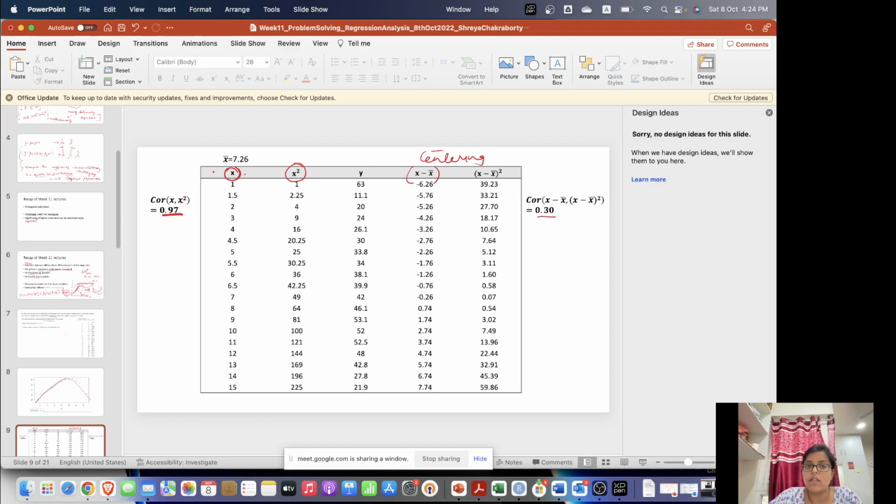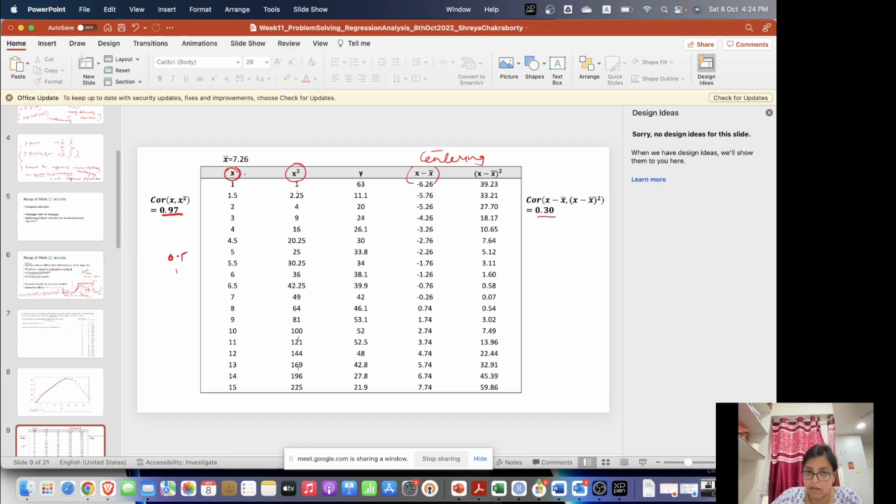So as I was saying, the difference between the x's is very small, 0.5 to 1, and while squaring also, the x squares are fairly close.